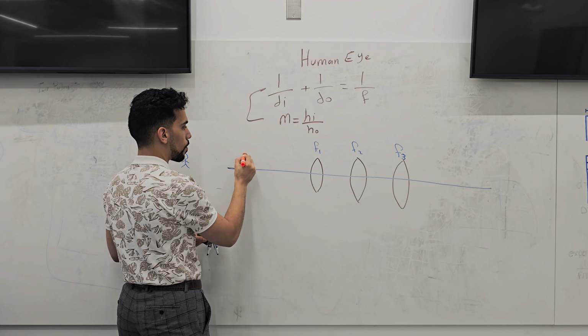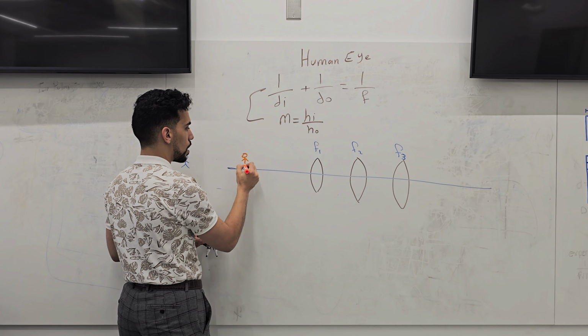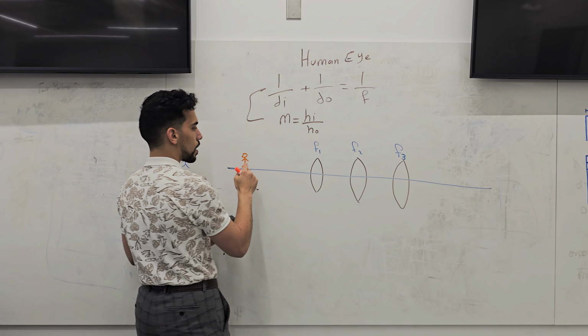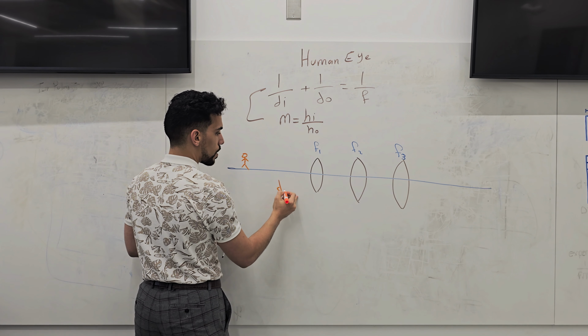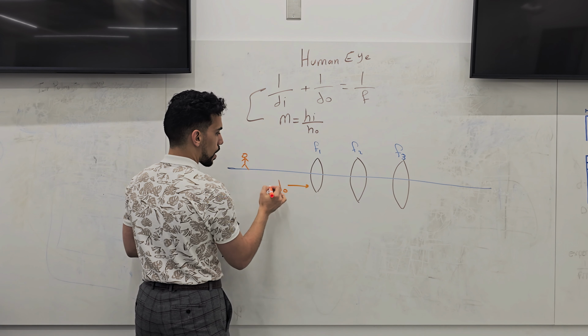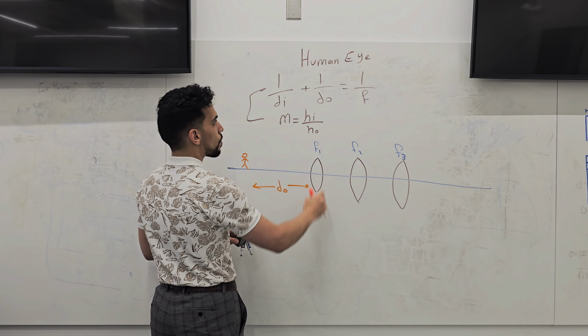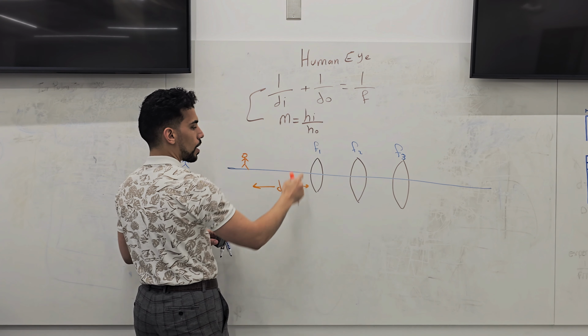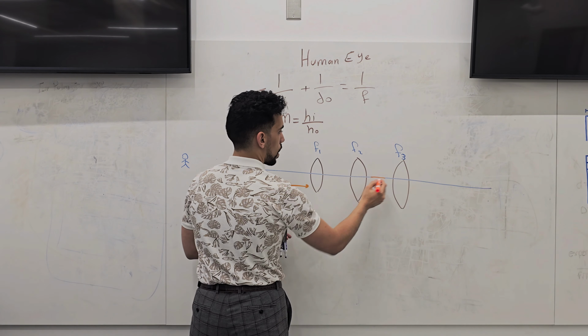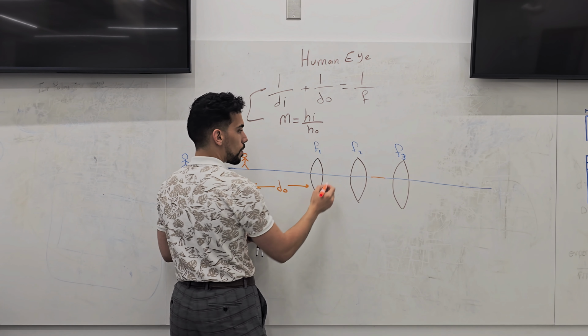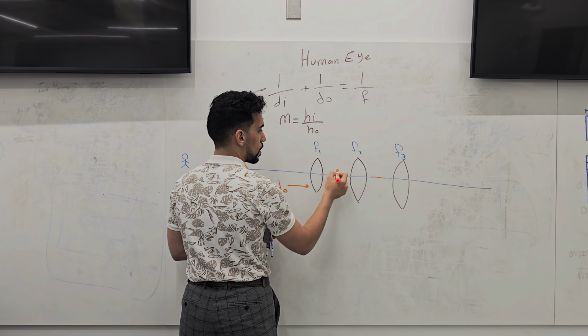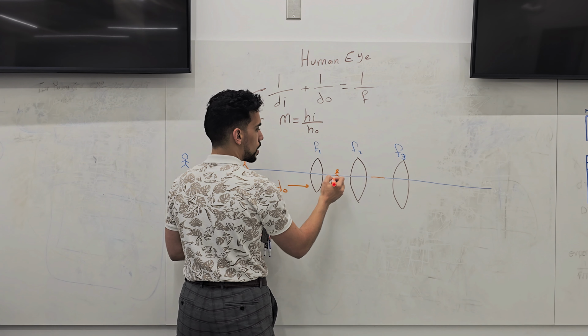You have the object, and you know the distance from the object itself. Then using the equation at the top, you can find the image. Let's say the image is somewhere here in this location.